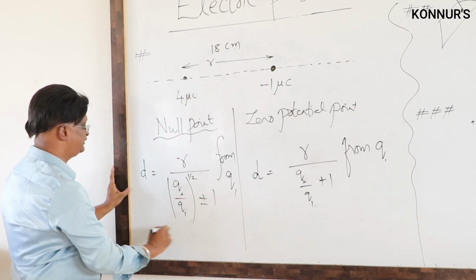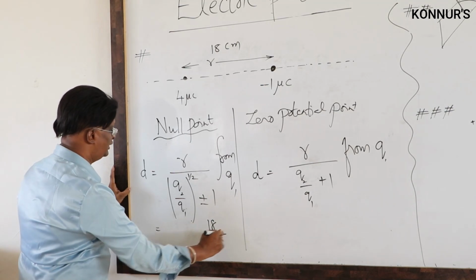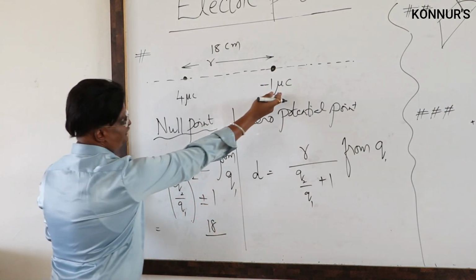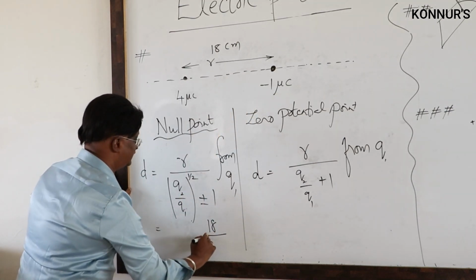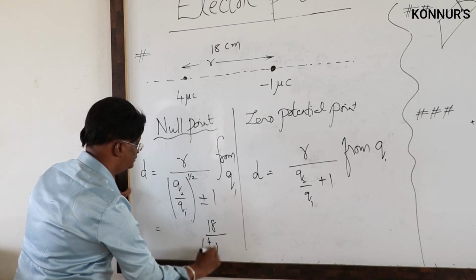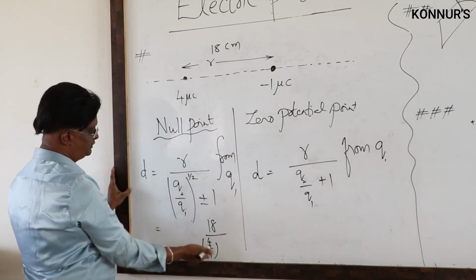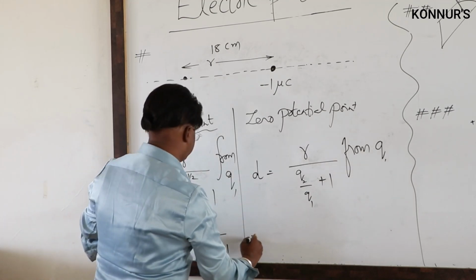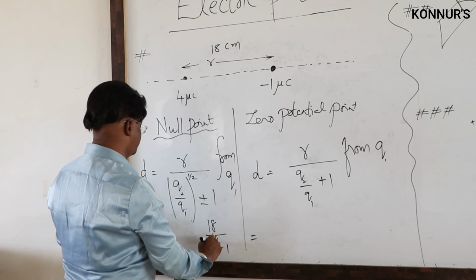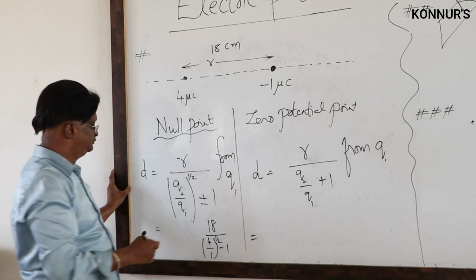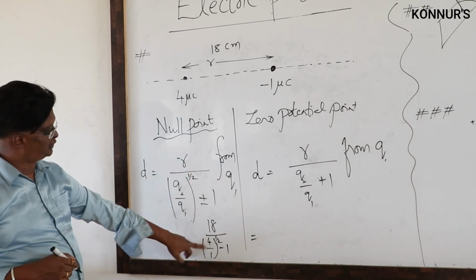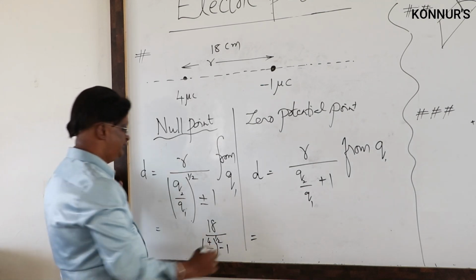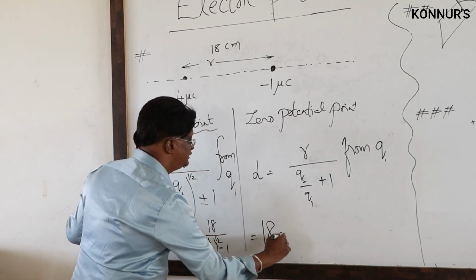So what will be the answer in this example? If I calculate, this is 18 upon, supposing I take this from 1 microcoulomb, then this is 4 by 1, both micro, therefore I need not use submultiple, and now I will write minus 1, right? So this will be under root, do remember please, Q2 by Q1 under root, therefore it will be 4 under root, 2 minus 1. Therefore the answer is 18 centimeter.